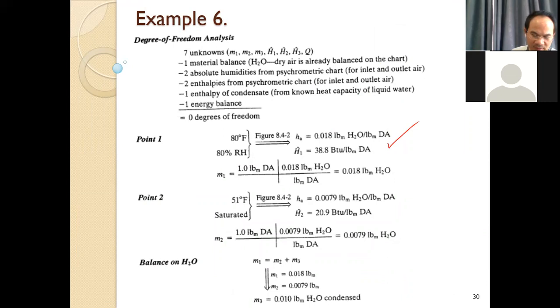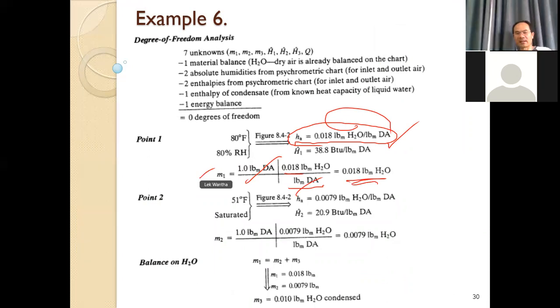One pound mass of dry air in the feed. For this system, we know 1 pound mass of dry air input has 0.018 from this data. You get this is M1. Okay, you can solve for it.